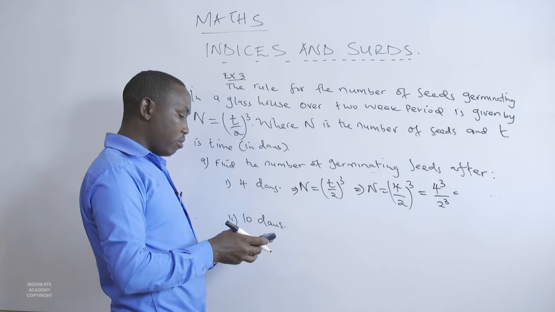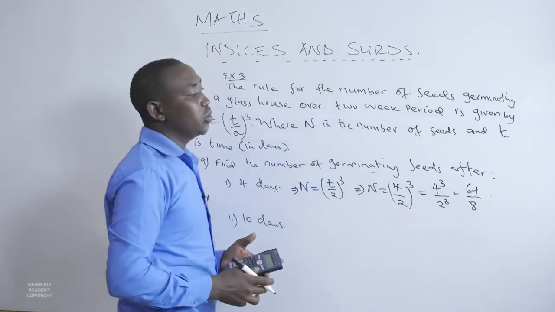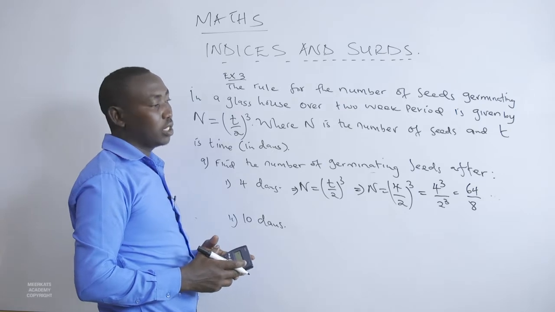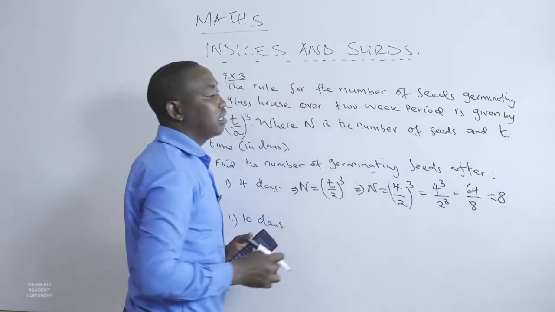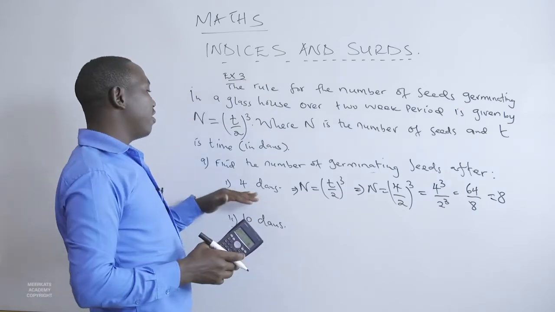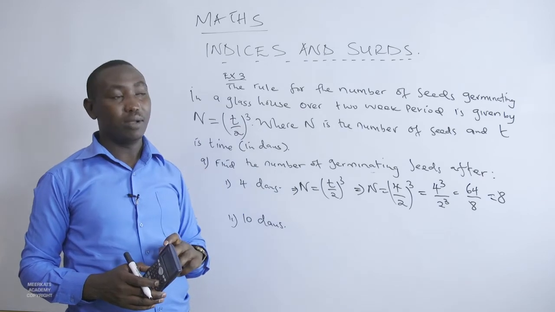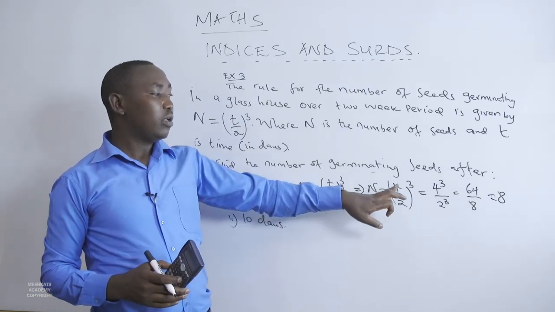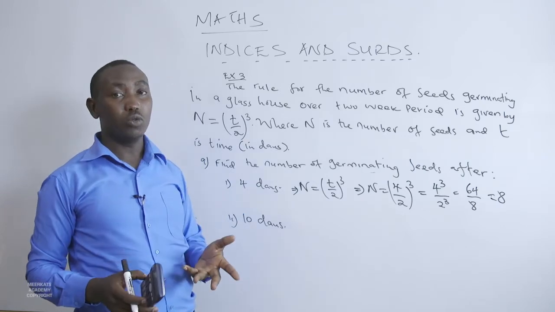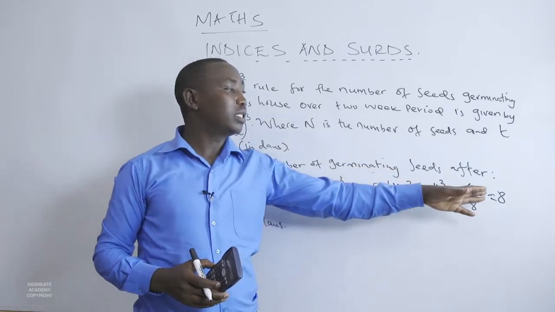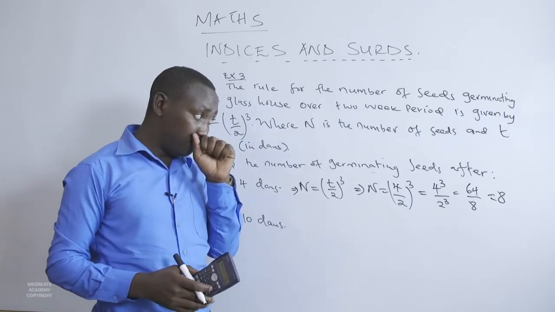The cube of 4 is 64, the cube of 2 is 8. 64 divided by 8 will give us 8. So this tells us that during the 4th day, 8 seedlings will have germinated. Alternatively, you could have divided 4 by 2, which will have given you 2. 2 raised to 3 will still give you the expected answer, which is 8.